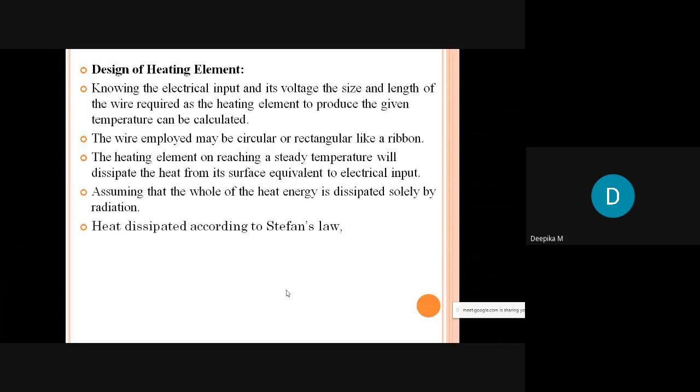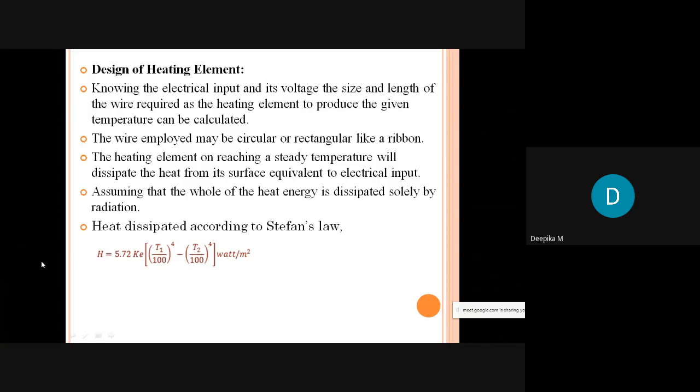This is what Stefan's law states, and we are taking this law as a reference. So we can calculate the heat dissipated from the surface by Stefan's law: the heat dissipated is proportional to the fourth power of its absolute temperature.